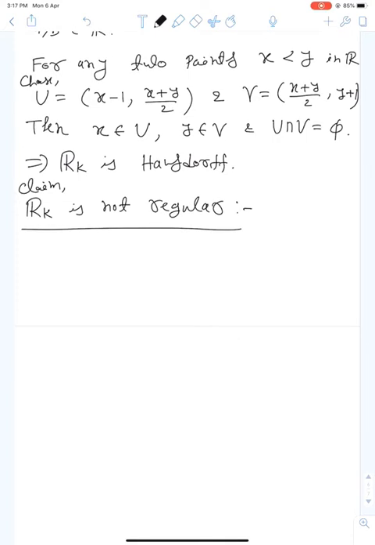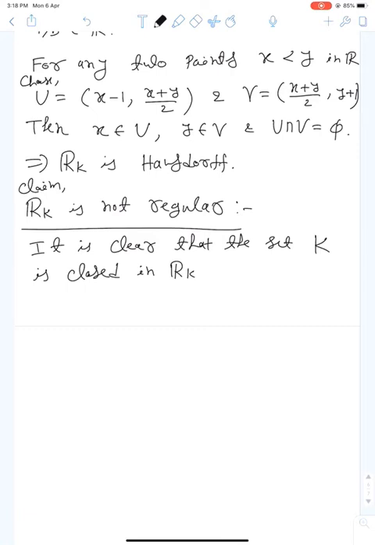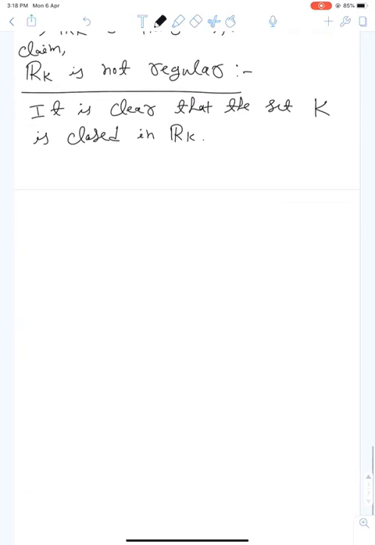First of all, we claim that K is closed. So it is actually clear that the set K is closed in RK. If you cannot see why K is closed, I can prove this; the proof is very simple actually.